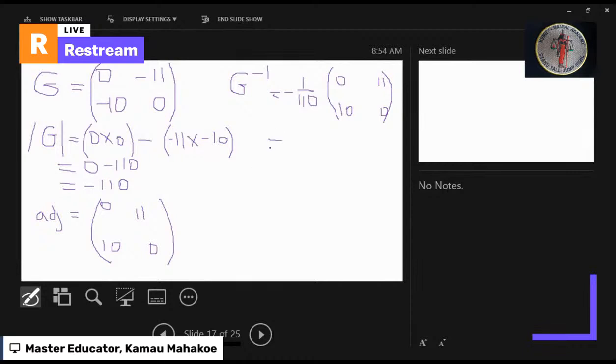And that gives, this would give 0. This would also give 0. And negative 1 over 110 times 11 will give a negative 1 over 10. And negative 1 over 110 times 10 would give negative 1 over 11.